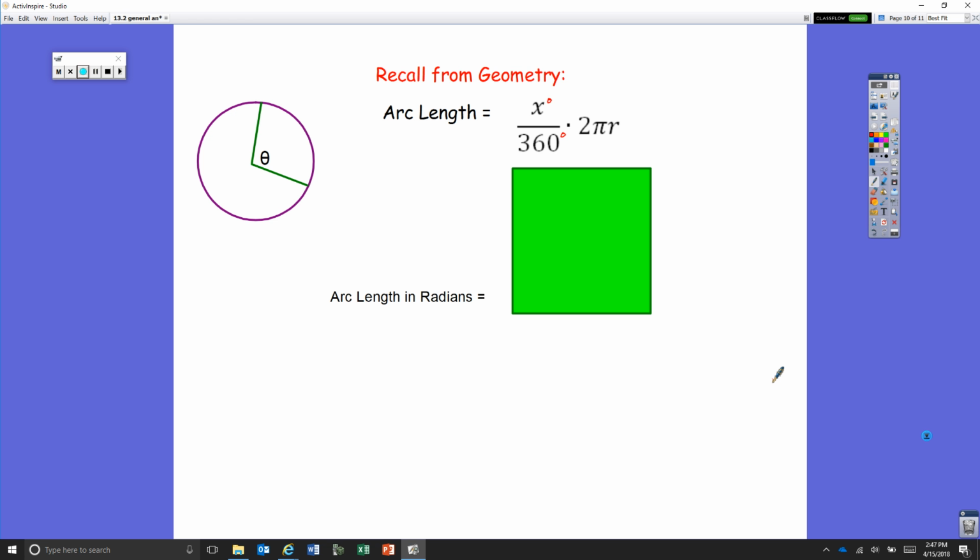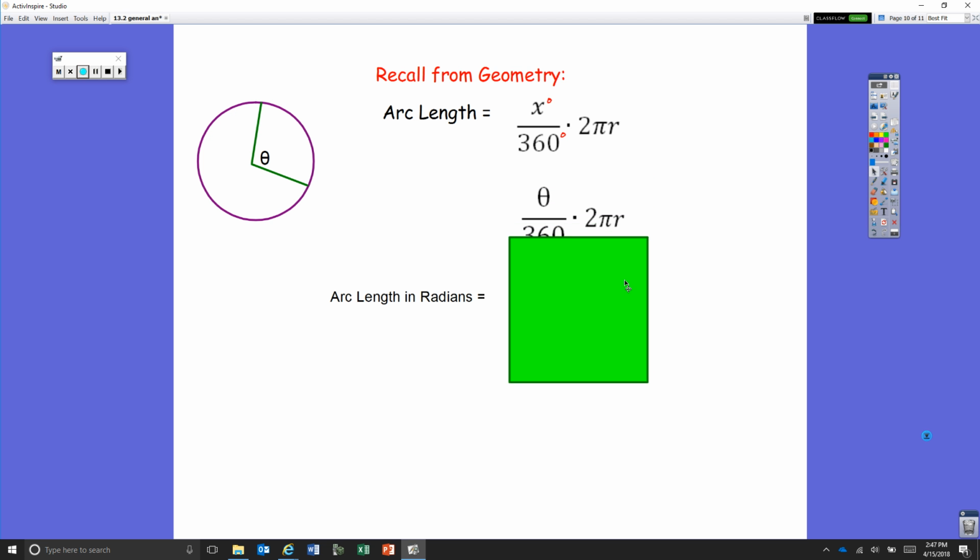So we are going to substitute in our theta. It is theta over 360 times 2 pi r, because we don't know how many degrees that is. And as we know, this part reduces to 1 over 180. So pi over 180 is a radian.